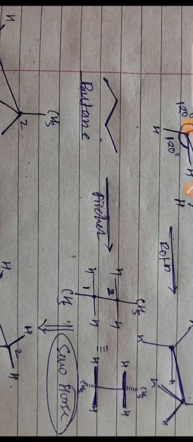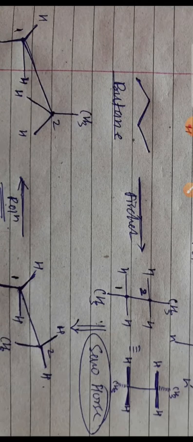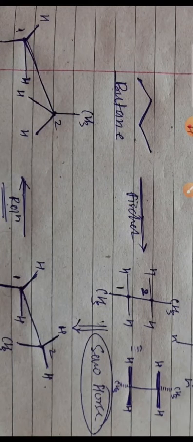Now we also take an example of a butane molecule. How can the butane molecule form the Fischer form, and after Fischer we can draw the Sawhorse form. How will we draw the Fischer projection of butane?